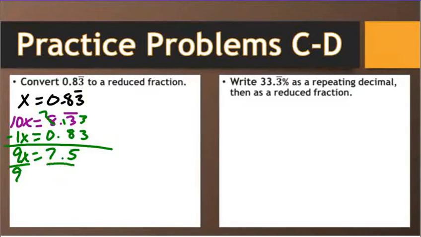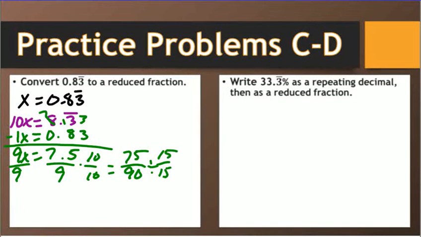Divide this by 9. Then multiply this by 10 tenths, so I get rid of my decimal, and I have 75 over 90. I can divide this by 15 fifteenths. 75 divided by 15 is 5, 90 divided by 15 is 6, so our answer would be 5/6.